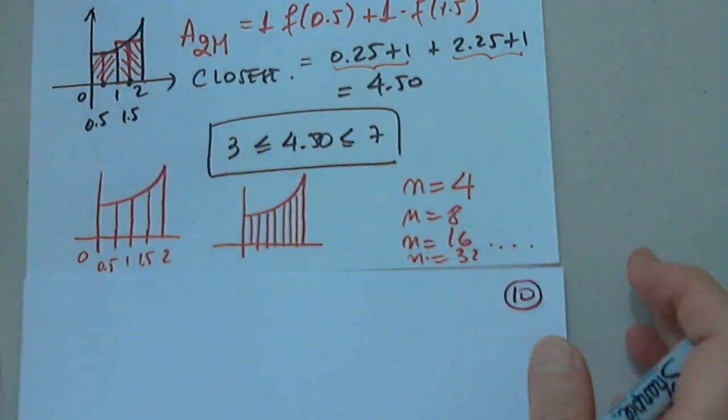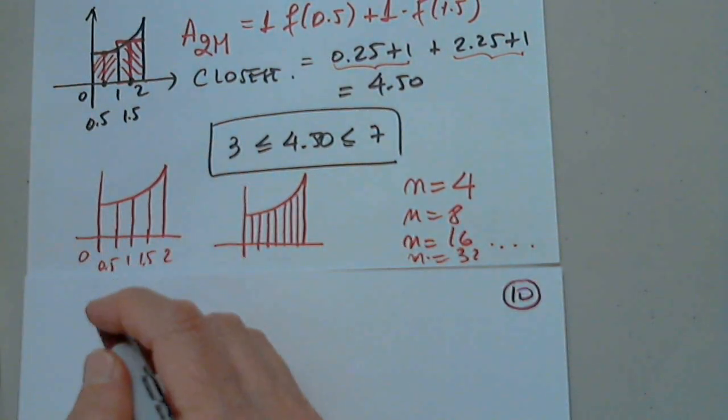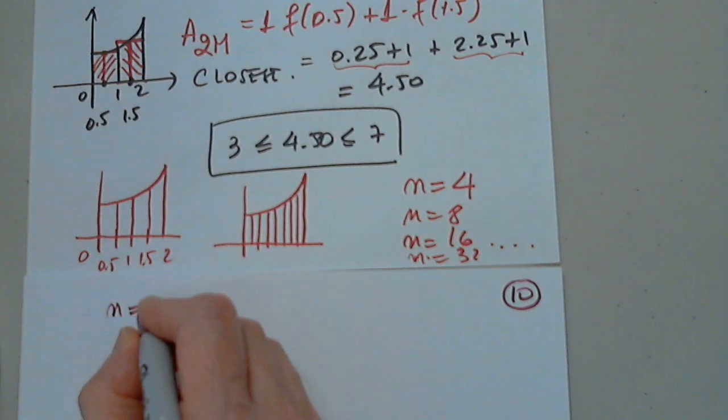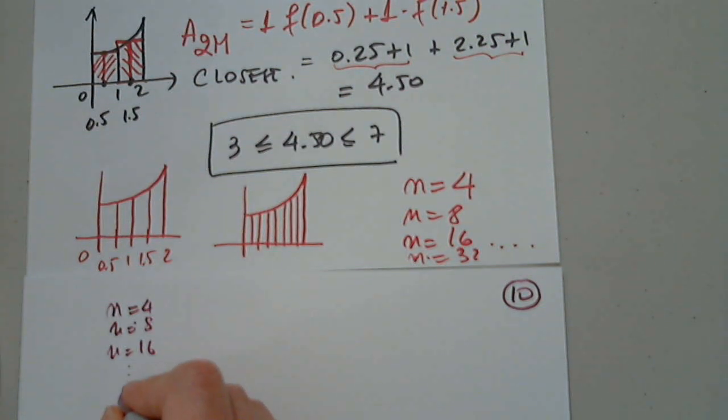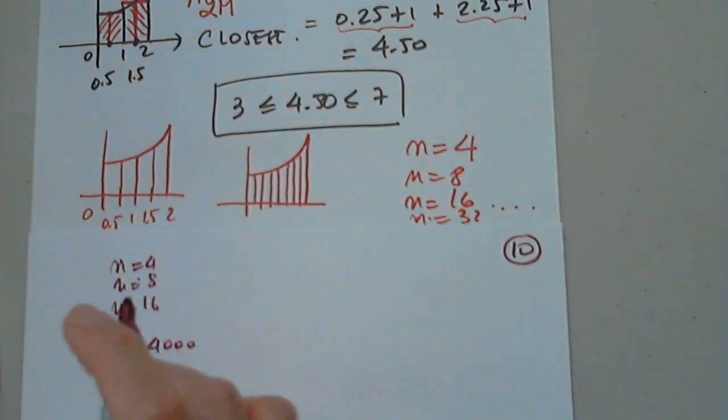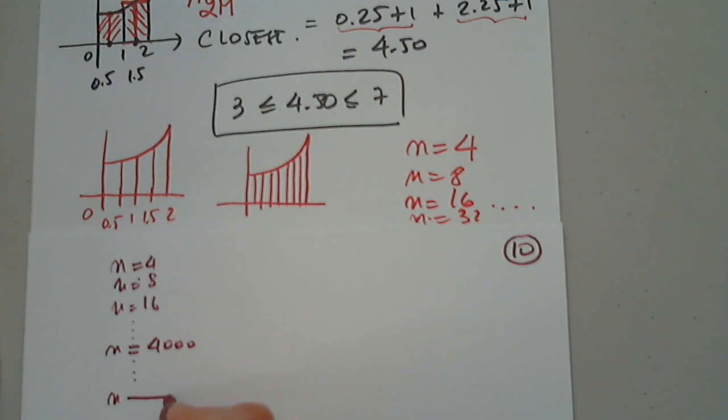So my question now is, if we talk about n equals 4, and then n equals 8, and then n equals 16, dot dot dot, n equals 4,000. And what if, where am I going? Infinity. Yes.